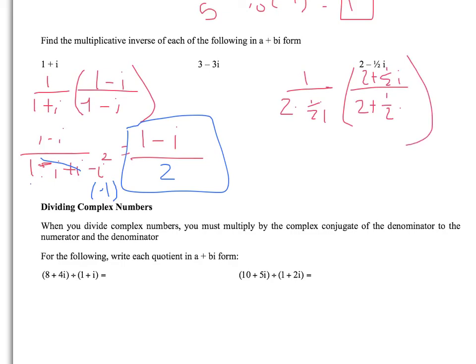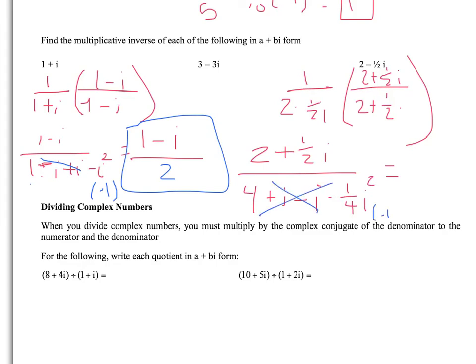1 times 2 plus 1/2 i for that numerator is 2 plus 1/2 i. In the denominator, we have 4 plus i minus i minus 1/4 i squared. Again, these cancel, and they should. i squared, we know it's a negative 1.